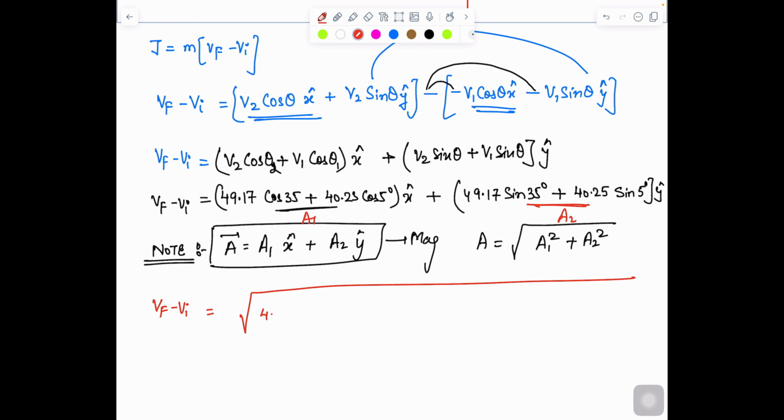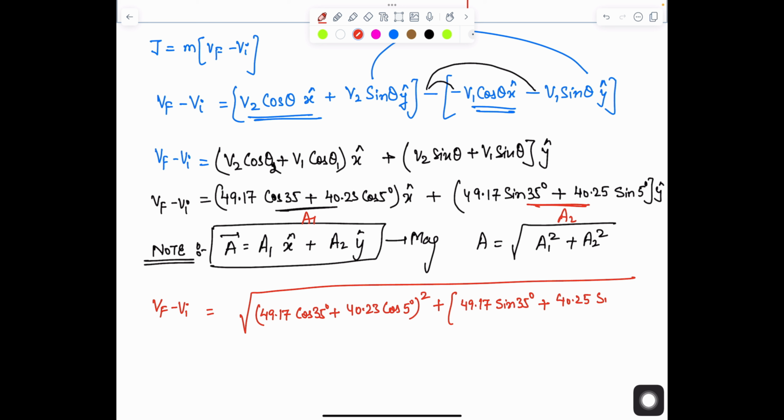So root of bracket 49.17 cos 35 plus 40.23 cos of 5 degree, bracket squared, plus bracket 49.17 sine of 35 degree plus 40.25 sine of 5 degree, squared.